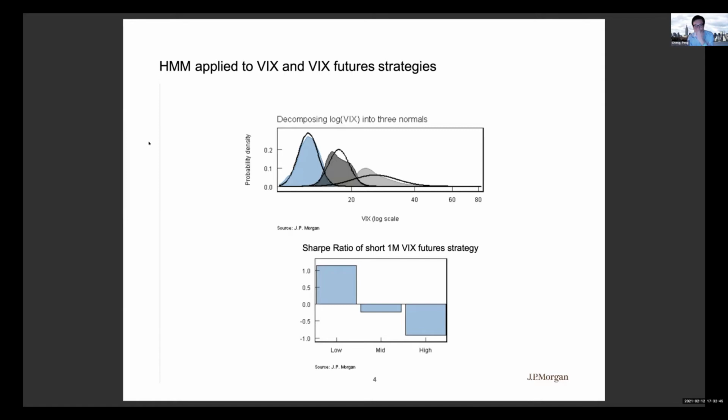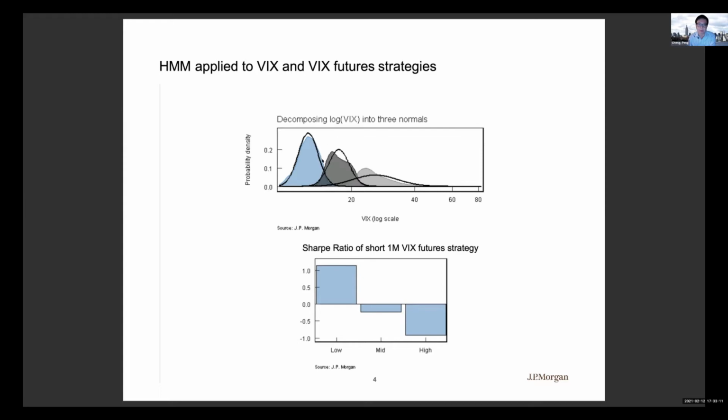Okay, but let's say, how do we classify VIX regime, right? A common technique would be to use a hidden Markov model. And on this slide, you'll see that we can decompose the distribution of the log of the VIX into, let's say, a mixture of 3 normals using HMM. And sometimes it's pretty obvious when it will be a high vol regime, when it will be a low vol regime.